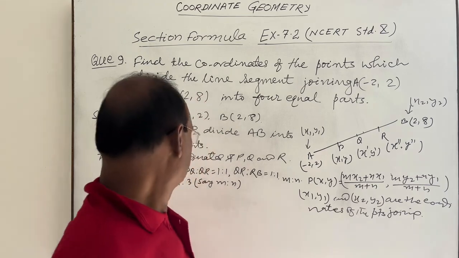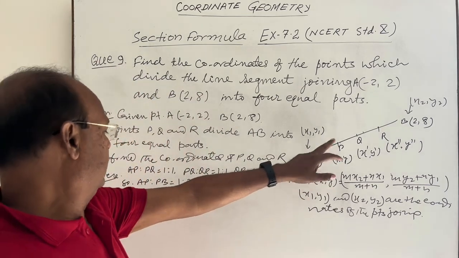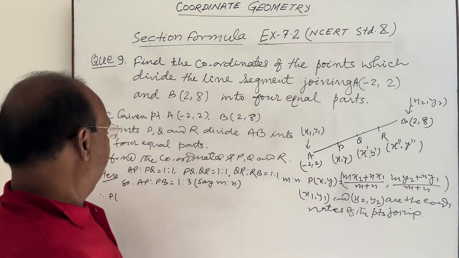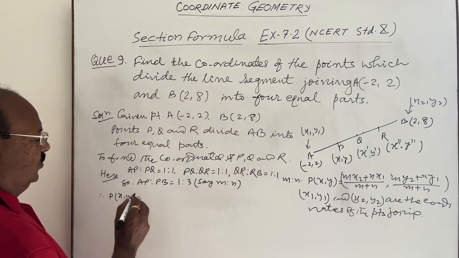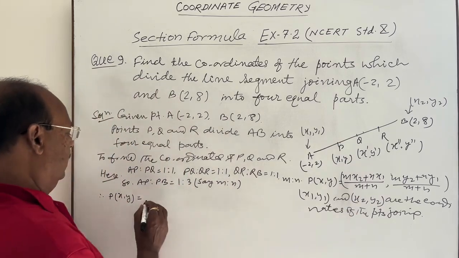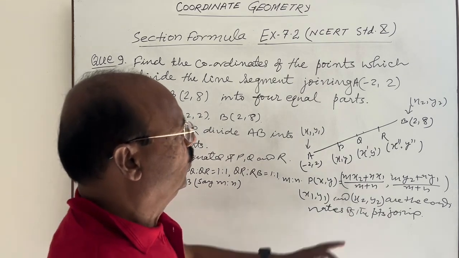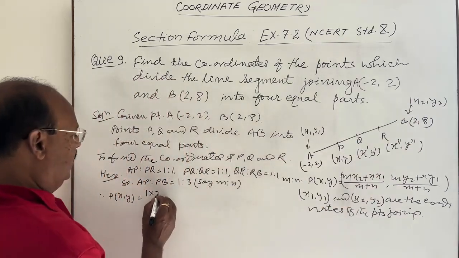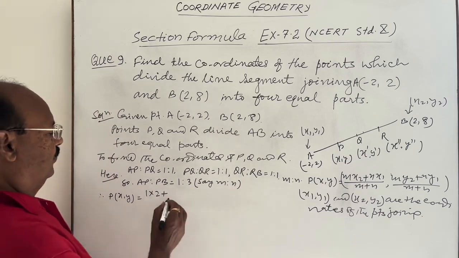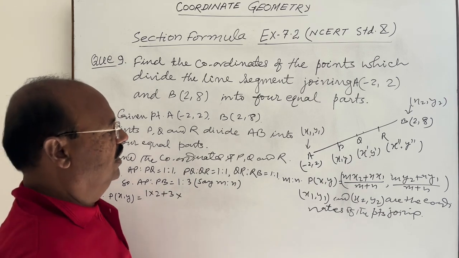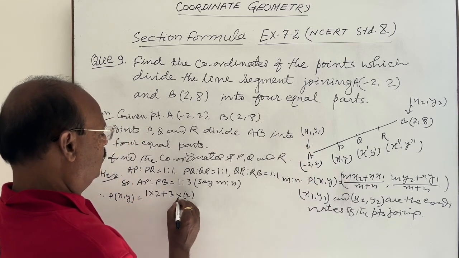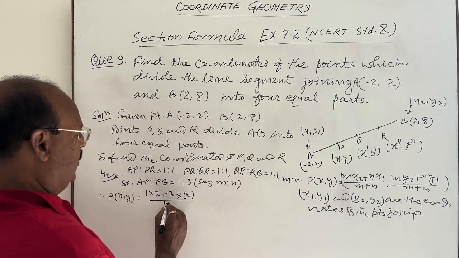So first of all, we will find the coordinates of point P. Coordinates of point P, (x, y), using this formula, mx2 plus nx1. m means 1, so 1 into x2. x2 is 2, so 1 into 2, plus n is 3 into x1. x1 is minus 2.